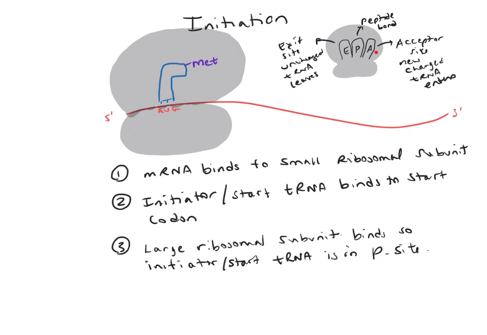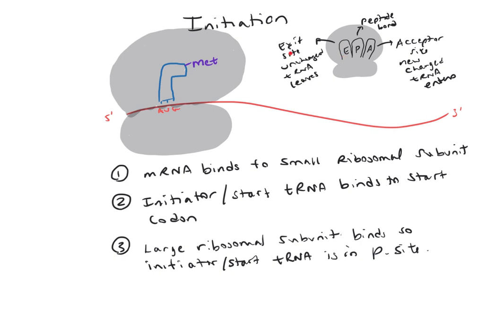Over here we have a little ribosome with the sites labeled. So the acceptor site is where the new charged tRNA is going to enter. That's going to be, again, complementary to the codon that's right under the A site. The P site you can think of as being the site where the growing peptide chain is forming. This is about where the peptide bond is actually formed.